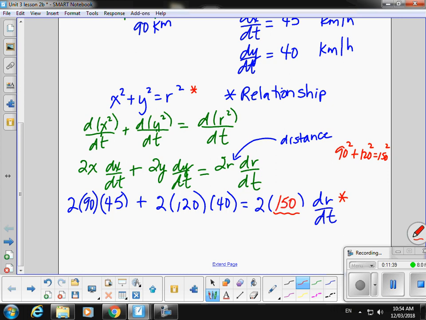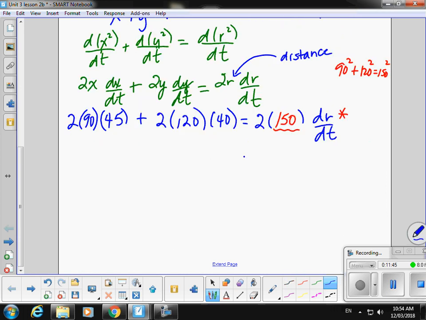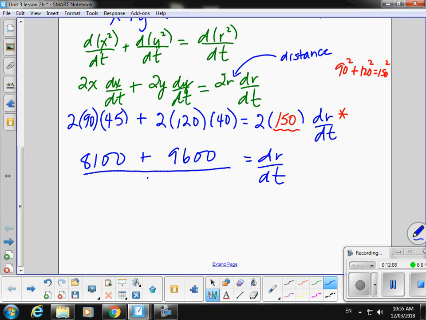All right, I've got to isolate for dr/dt. So basically I've got 90 times 90, which is 8100. And I've got 40 times 120, because I always do things out of order, 4800. And I'm going to divide that left side by 300 to get dr/dt.